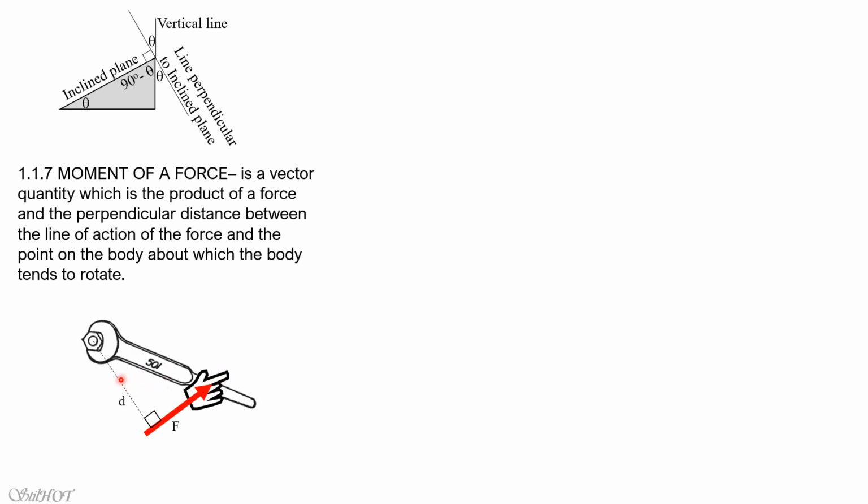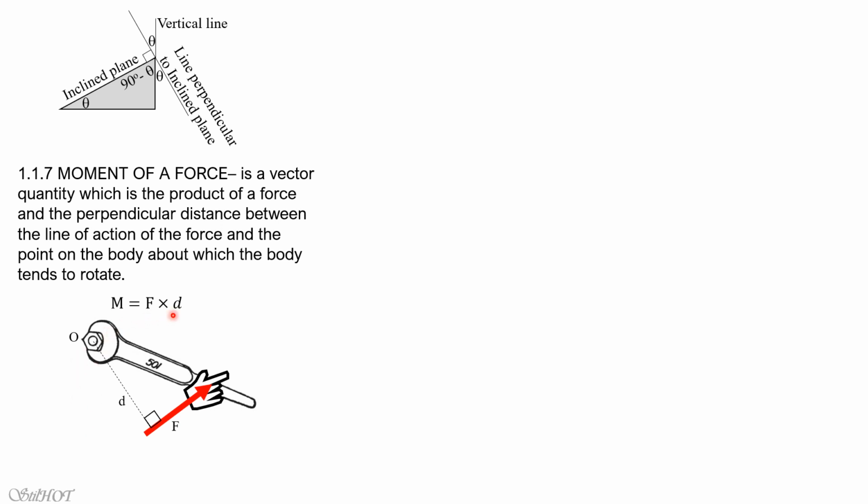And the value or magnitude of that moment of a force is simply the product of the force you exert and this perpendicular distance, or called moment arm. By the way, this point here about which rotation is possible is called the moment center. So that's all.